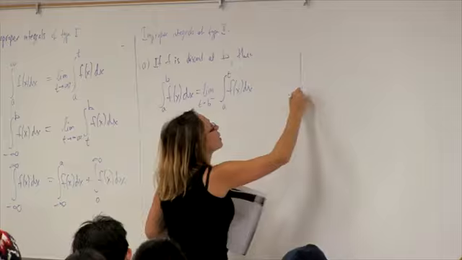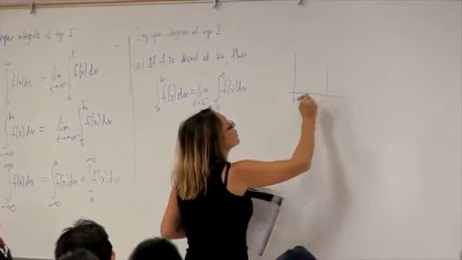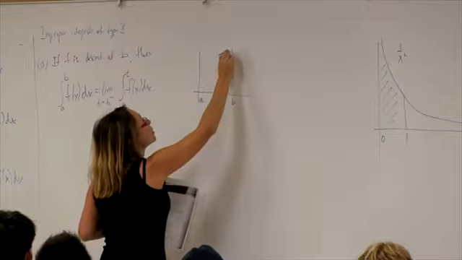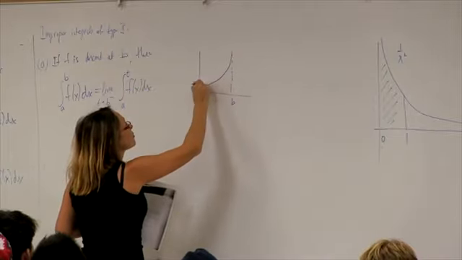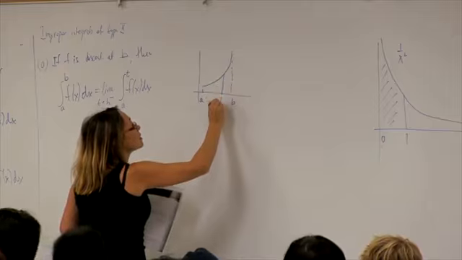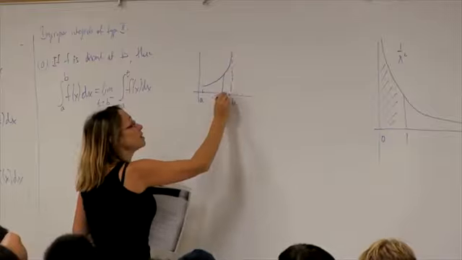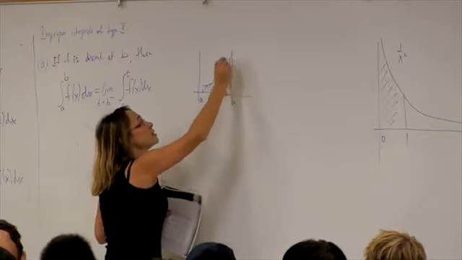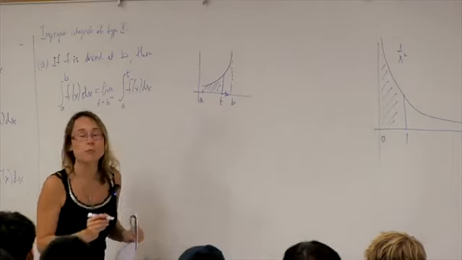So here's a picture. The function has a vertical asymptote at b. So I take t here, and I take a limiting process whereby t increases and approaches b on the left.